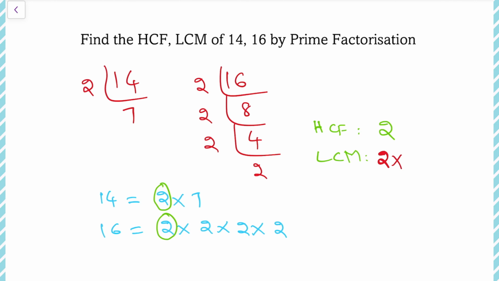Now whatever extra numbers are there, write all those extra numbers. Here extra 7 is there, so into 7, into 2, into 2, into 2. Now this will become our LCM. 2 7s are 14, 14 2s are 28, 28 2s are 56, 56 2s are 112. So 112 is the LCM of the given two numbers 14 and 16.